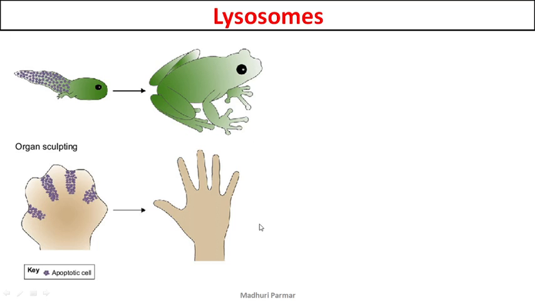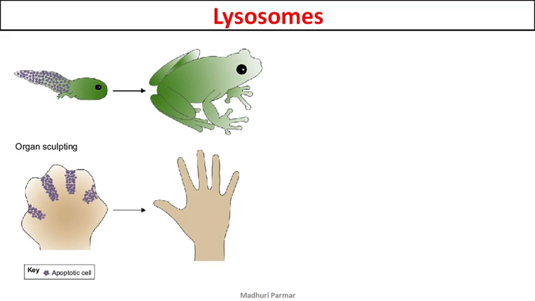This was possible because when you were a human embryo, there was such autolysis which helped in the formation of 5 fingers. Clear? So lysosomes, autolysis is to save you, to protect you from the dead cells or from the cells which are not functioning properly, who have become old, who are diseased.